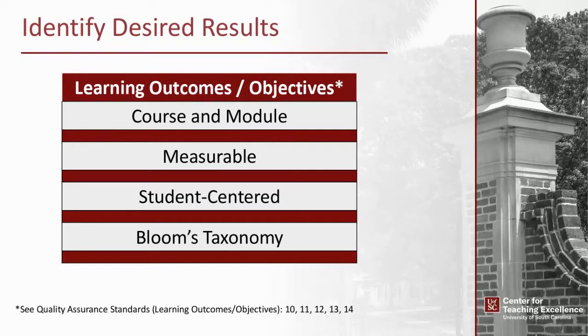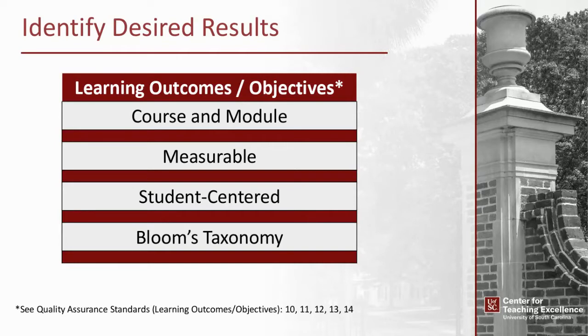In identifying results, you'll first want to pinpoint broad, higher order thinking learning outcomes. Then you'll break them down into more manageable, lower level module learning objectives, framing the learning as appropriate. Course learning outcomes and module learning objectives need to be written in a measurable format and must be student-centered.